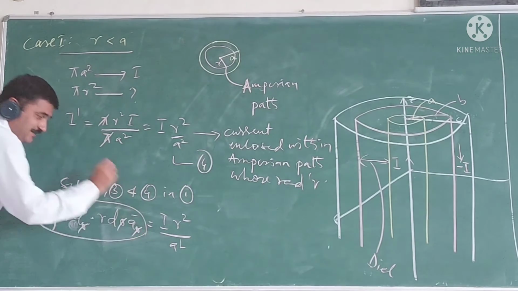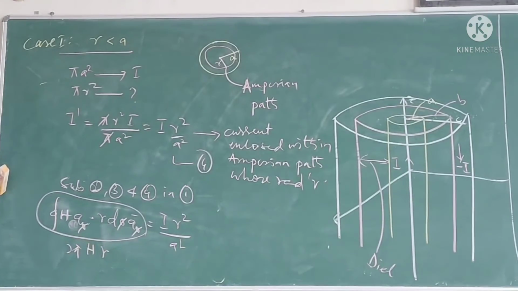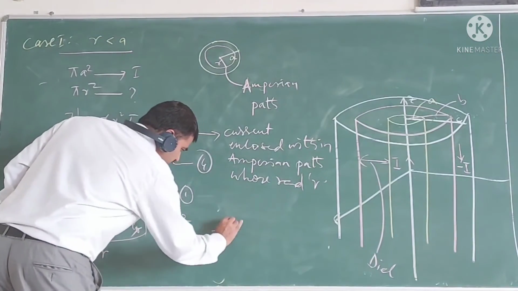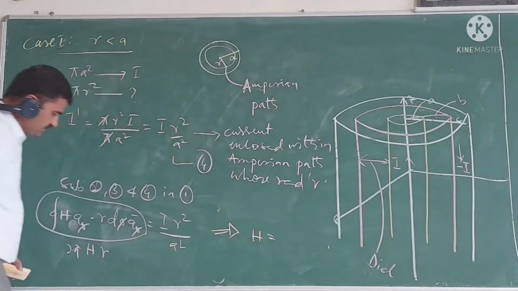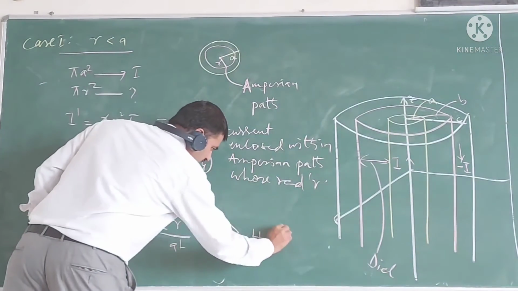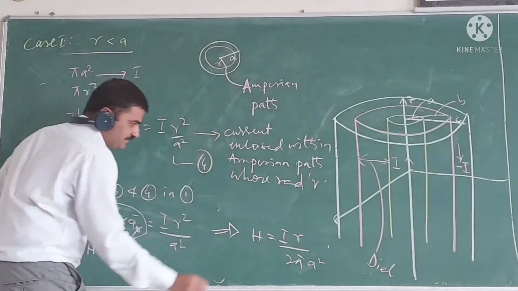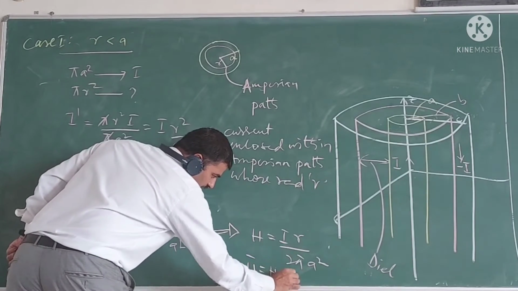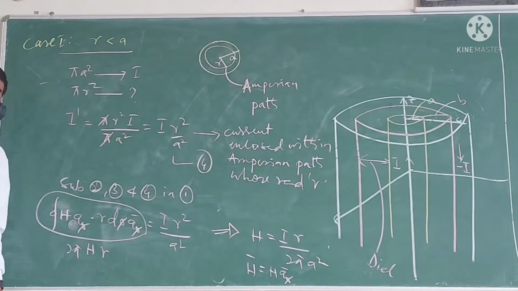With this simplification, what you got is 2 pi H R. Then what is your H from this? H is equal to I R over 2 pi A square. Then what is your H? H into A. Substitute the value. Is it okay? This is for case 1.